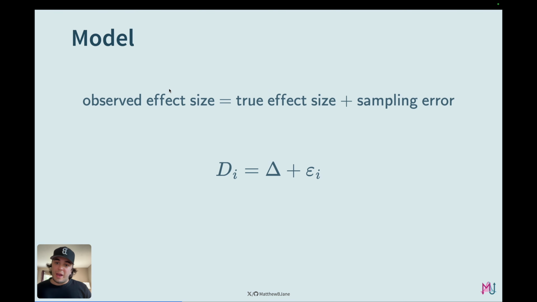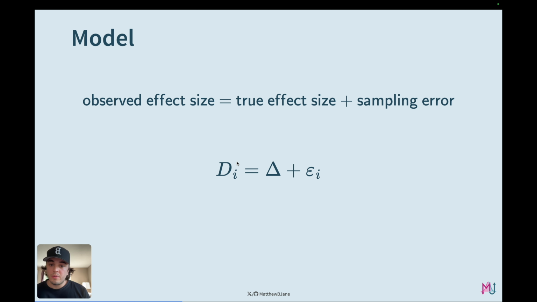That brings us to our model. We're assuming that with the equal effects model, there's one true effect size that all of these studies are estimating. So why is there variation in the observed effect size?